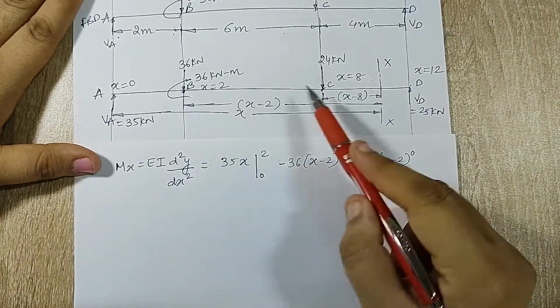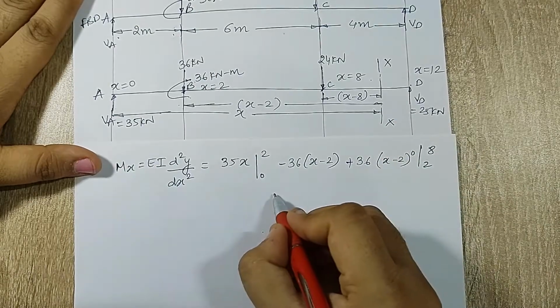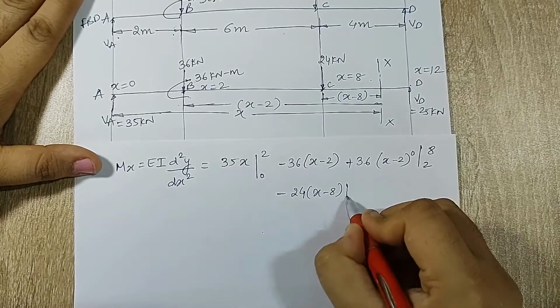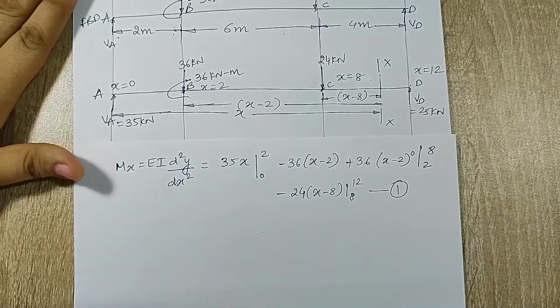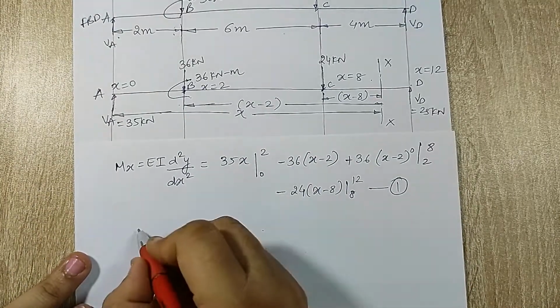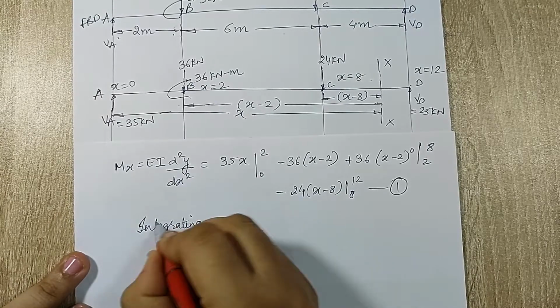So the domain over here is from 2 to 8. Last I have minus 24 into x minus 8, which is going from the distance 8 to 12. This is my first equation, which is known as the moment equation. Next I'll integrate this twice to get the slope and deflection equations.